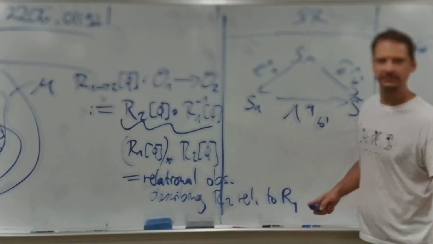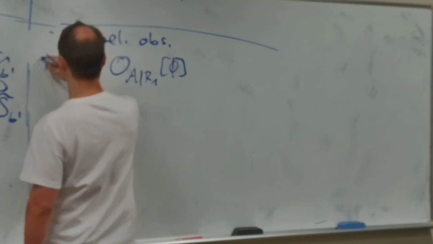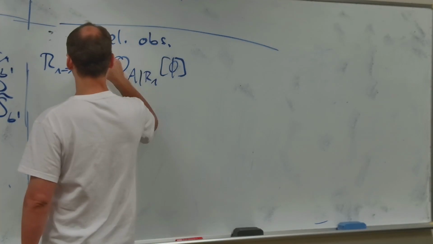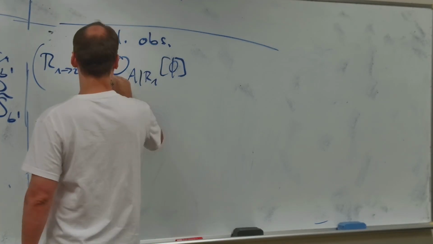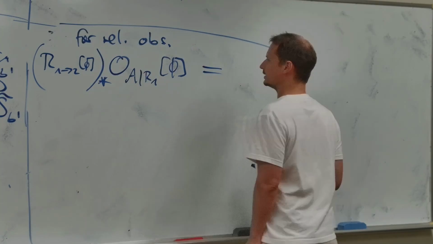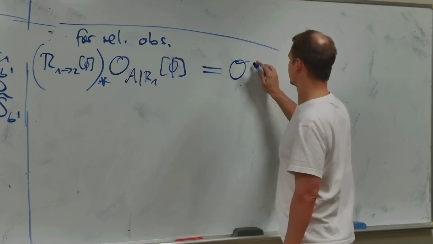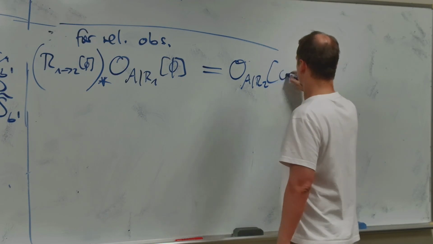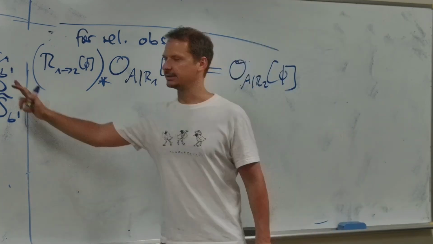So we just take this map R1 to 2 and push that thing forward. So we have R1 to I, and then we push it forward, and then this is nothing else than O A relative to R2. Fine. So it's really the same thing.